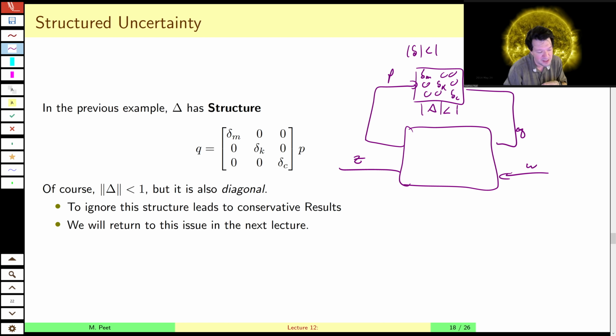We're going to have to come back to that and work with that a little bit in a later lecture. And actually, this structural property of the uncertainty, the structured singular value, is a big unsolved problem in robust control. But we'll come back to that, and we don't have to worry too much about it at this point.